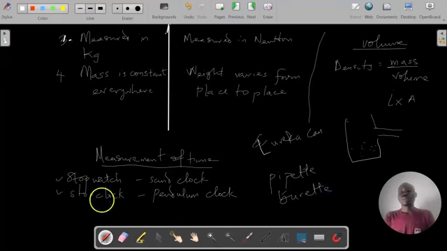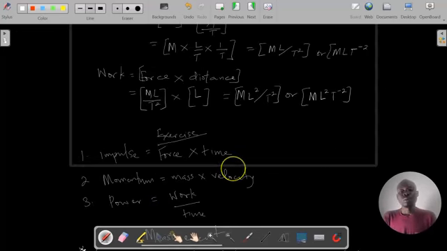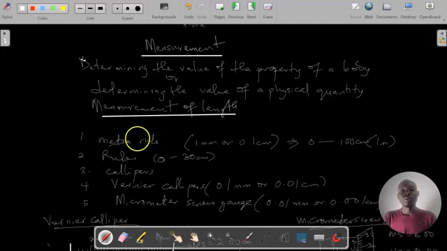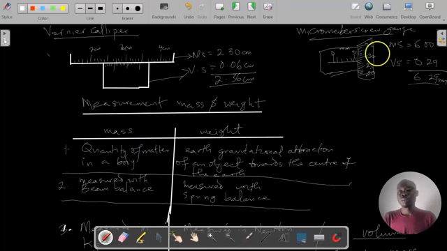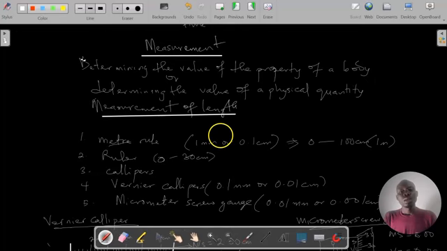All these talk about measurement of time: I mentioned stopwatch, stop clock, sand clock, pendulum, wall clock, and so on. Wristwatch is also part of it. I've also shown you how to determine the reading of vernier calipers and micrometer screw gauge. I was also talking about examples of what you use vernier calipers to measure, such as the internal and external diameter of a tube.